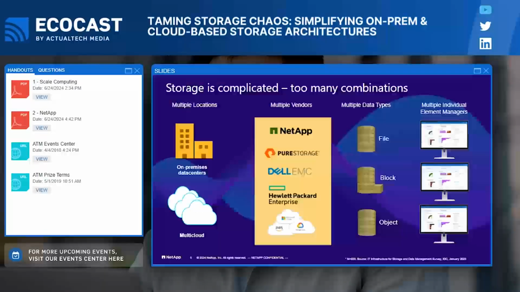So next one. Yeah, storage is complicated, right? And honestly, I think the industry has done a really great job of simplifying its own platforms and tools, to a point that I have customers where a couple of engineers are managing hundreds of petabytes of data.